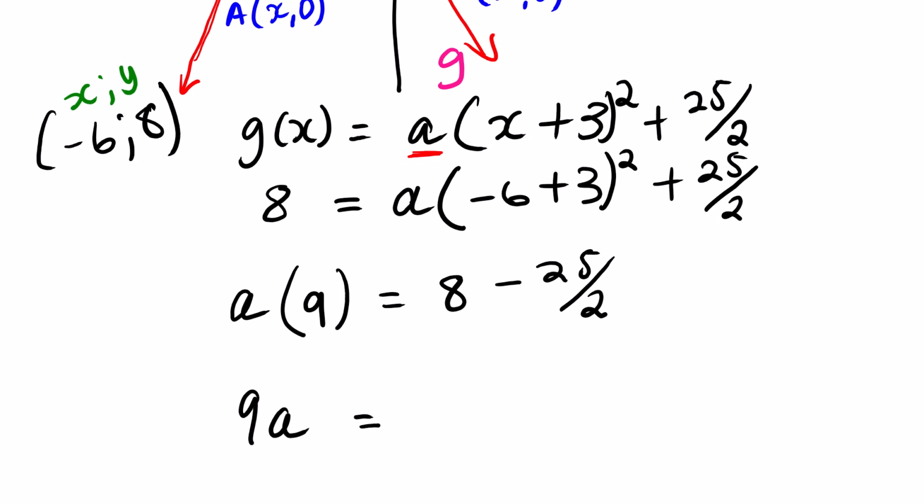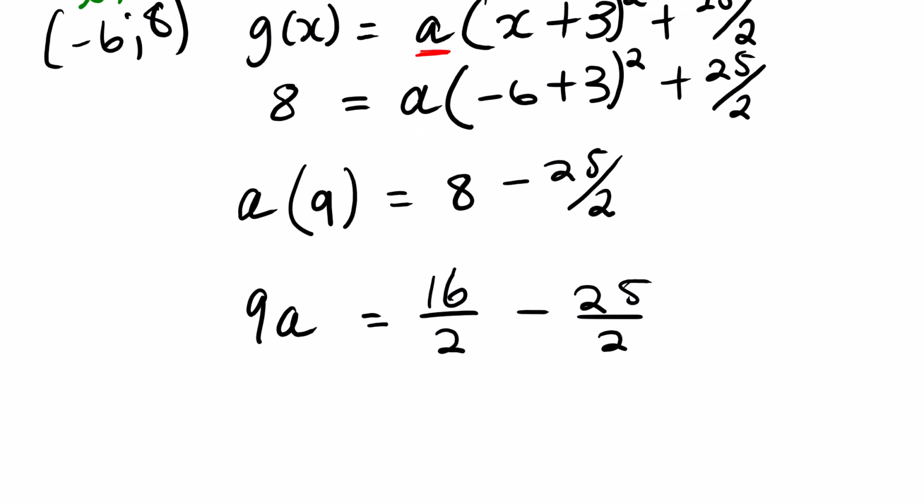16 divided by 2 is the same as 8. I'm trying to express this in terms of a common denominator, and then we only have 16 minus 25, which is -9.